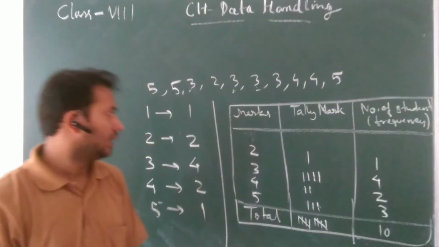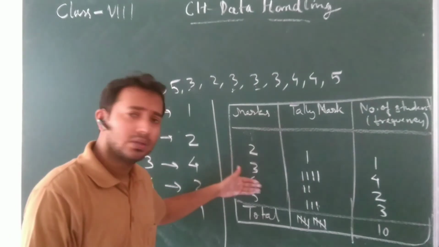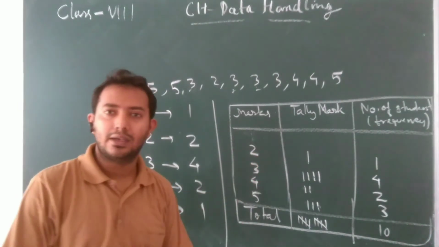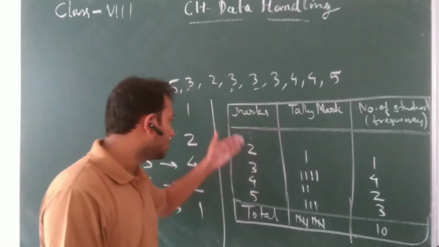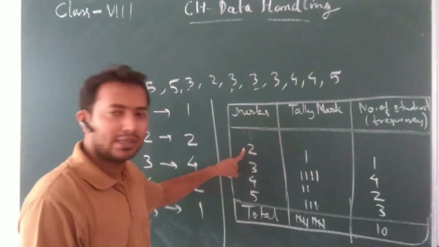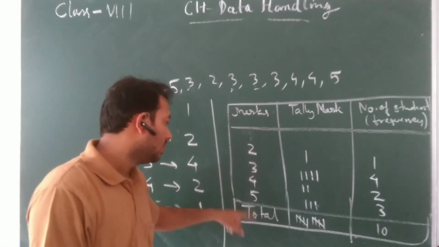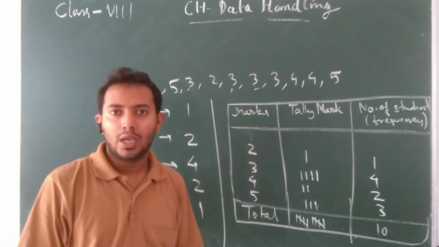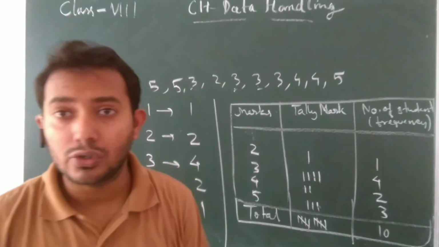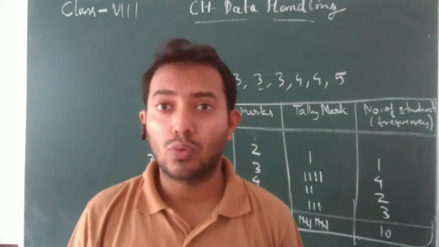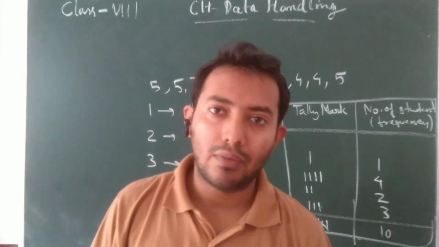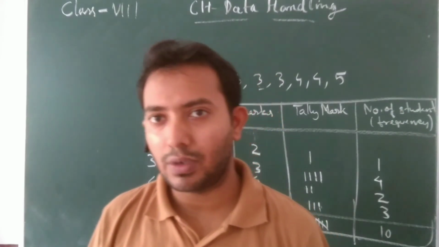So if you see, this is ungrouped data. What does it mean? There is no grouping. That means 2 is separate, 3 is separate, 4 is separate, 5 is separate. If I give more than 100 students, what will happen in that case? There are so many students who have got a variety of marks, out of 100 marks.